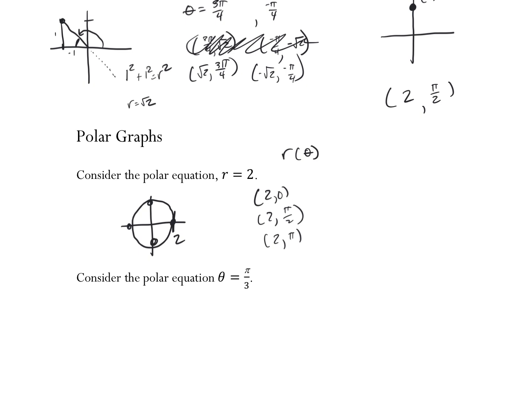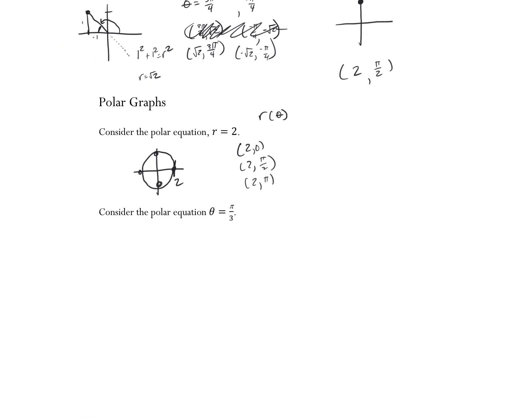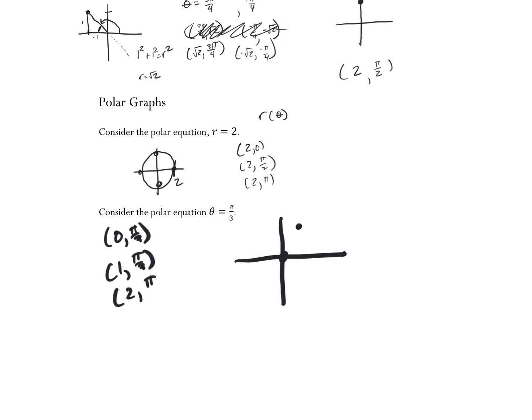And likewise, if I'm plotting the polar equation theta equals pi over 3, for instance, that could be 0, pi over 3, 1, pi over 3, 2, pi over 3. Is everybody seeing it? Okay, but they're all going to stay on that pi over 3 line.